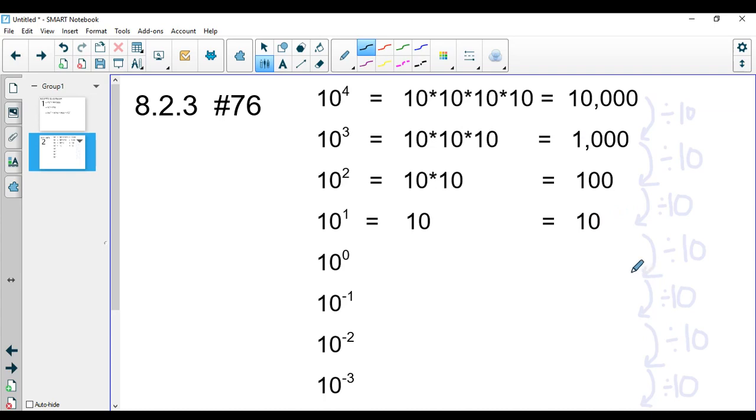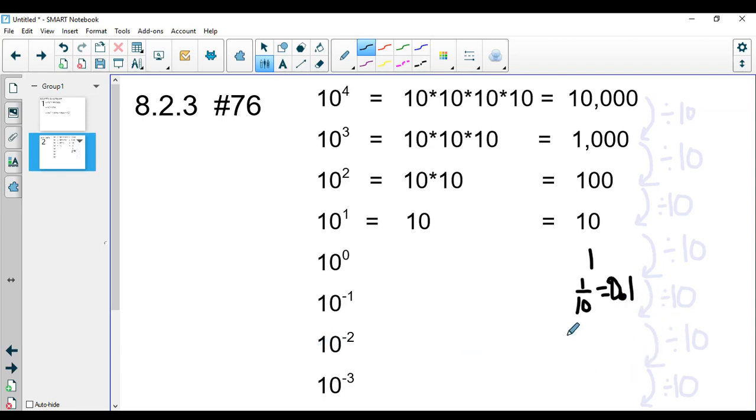10 divided by 10 is equal to 1. 1 divided by 10 is 1/10, or we could say 0.1, which is still 1/10.